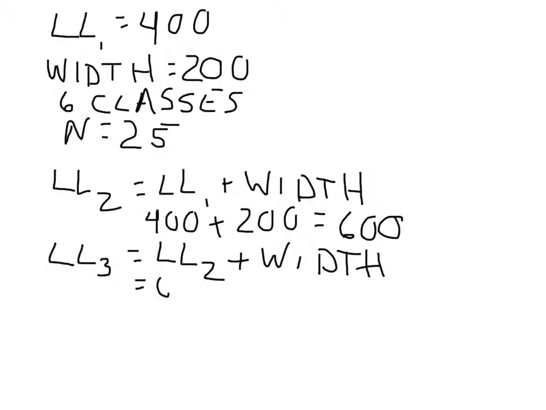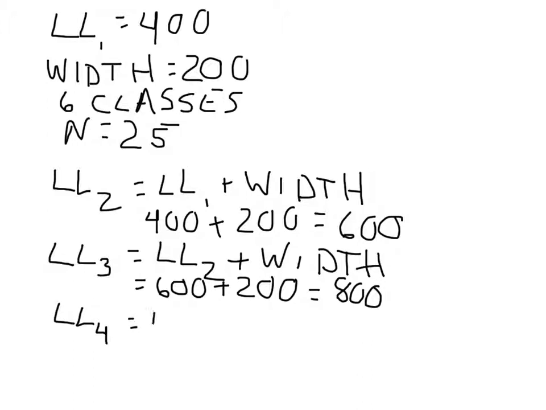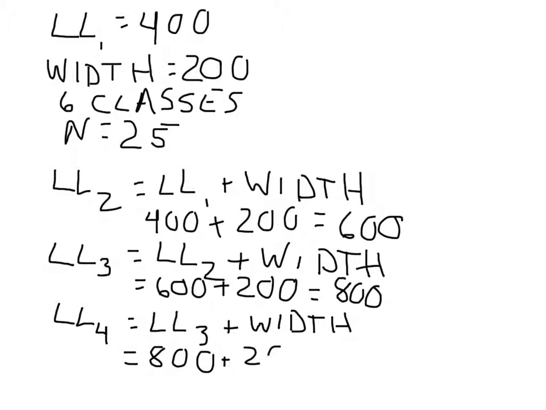And that's going to be 600 plus 200, which is 800. Then lower limit 4 is lower limit 3 plus the width. And that's 800 plus 200 equals 1,000.